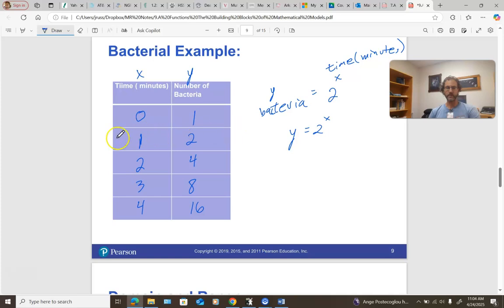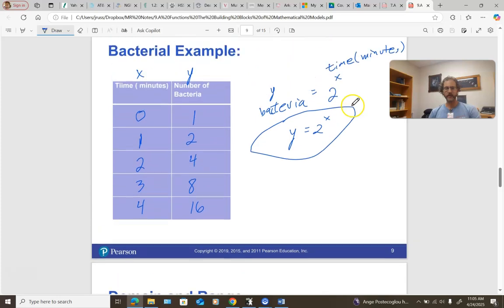So for example, when x here is 1, 2 to the first power is 2. When x is 2, or after 2 minutes, 2 to the second power is 4. After 3 minutes, 2 to the third power is 2 times 2 times 2, which is actually 8. Okay? So this is the actual explicit function right here. But we can see this behavior in this table.